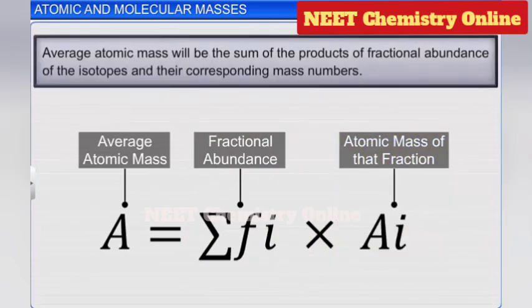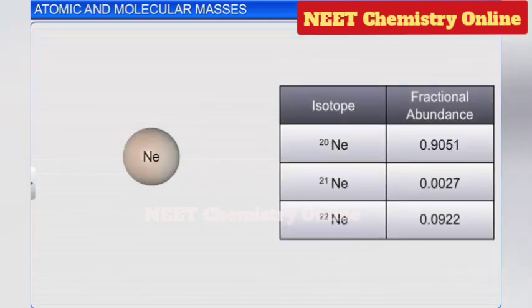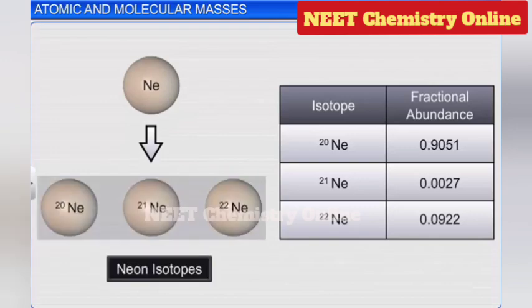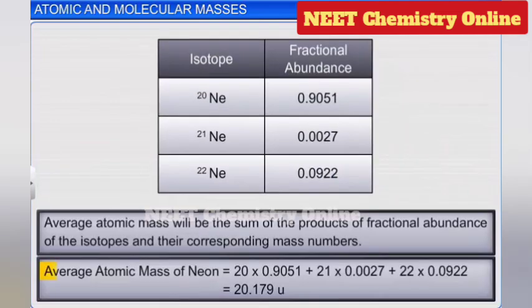Thus, the average atomic mass will be the sum of the products of fractional abundance of the isotopes and their corresponding mass numbers. For example, neon consists of 3 isotopes: neon 20, neon 21, and neon 22, which have mass numbers and fractional abundances as shown in the table. The average atomic mass of neon will be calculated as 20.179 U.